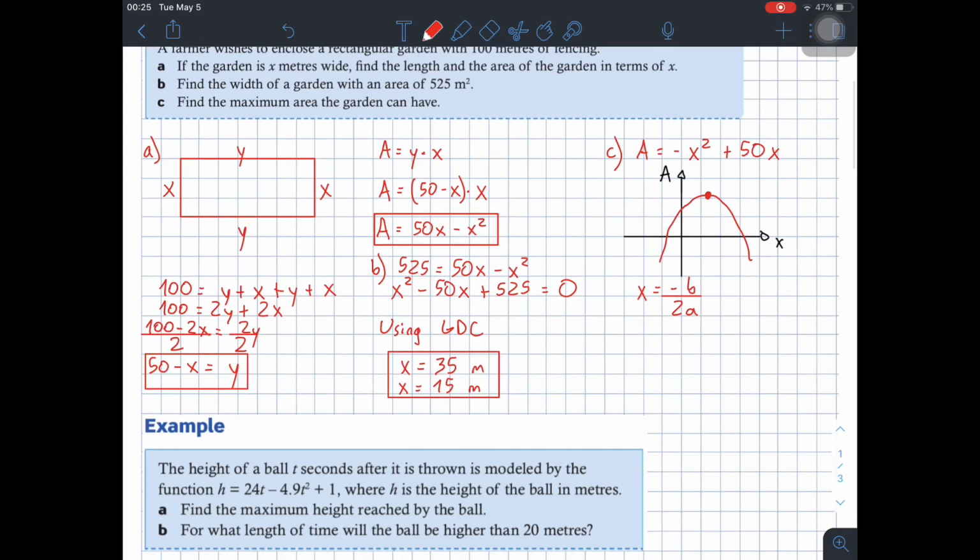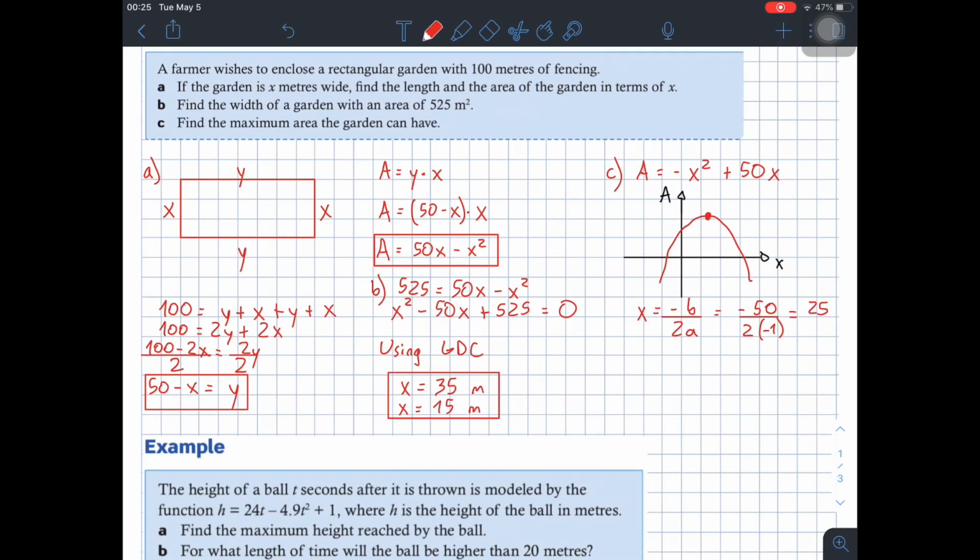So this would be equal to, in this case, b is 50, so negative 50 over 2 times negative 1, which is a, and this gives us 50 divided by 2, that's 25. So this 25 over here would be the width necessary in order to have the maximum area, right? And if we want to calculate the value of the maximum area, I can plug in these values of x into the corresponding equation, and I'll find the maximum area.